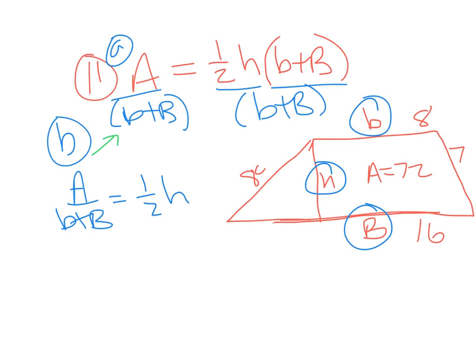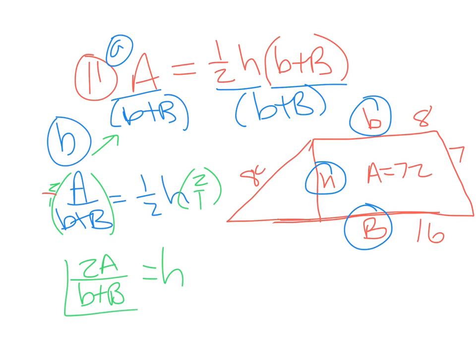Which means it's the reciprocal, that's the word you're looking for, times 2 over 1. So this whole thing times 2 over 1. Okay, so 2 times A over b plus B is just 2A over b plus B equals H. So now I've solved for H.